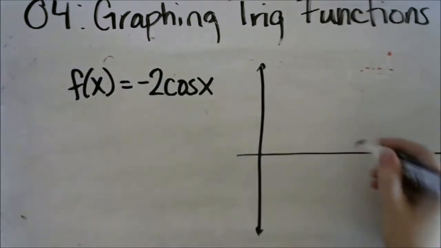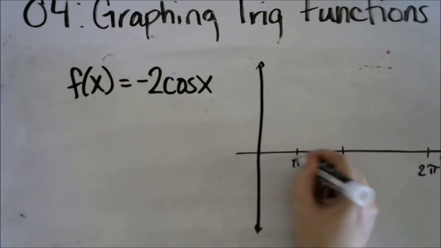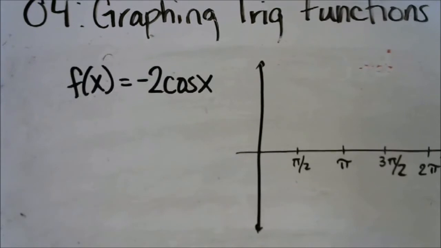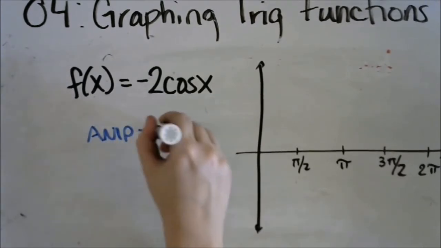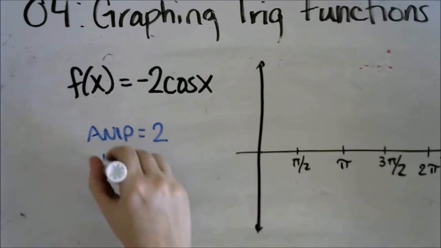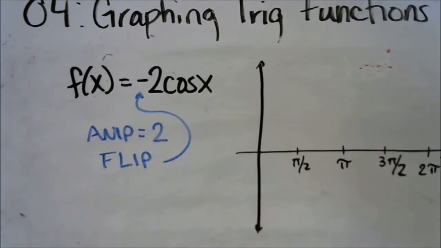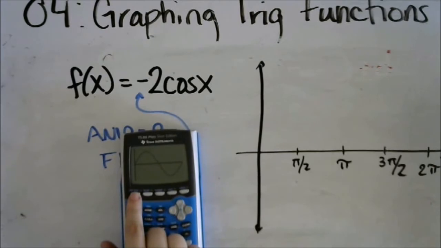Using a scale of 2 pi, what's going to change about this function from the original cosine graph? Well, now we have an amplitude of 2, and we're also going to flip our function because of the negative out in front. Get an idea of what this graph is going to look like by using your graphing calculator.